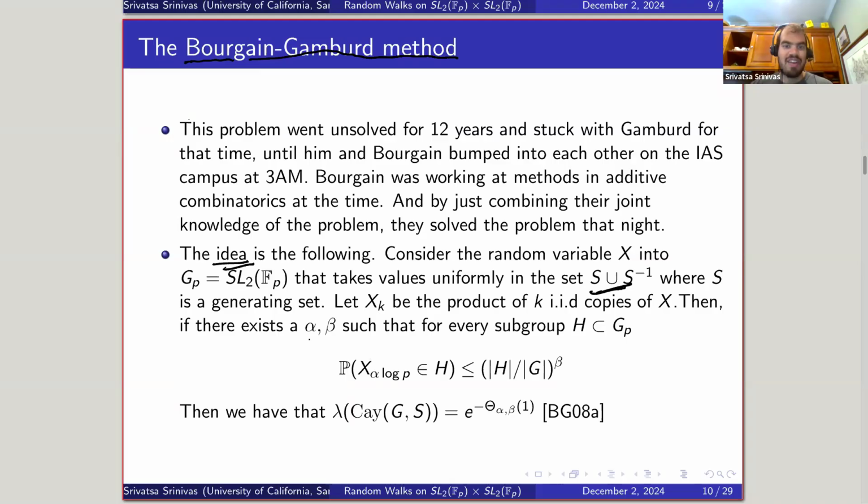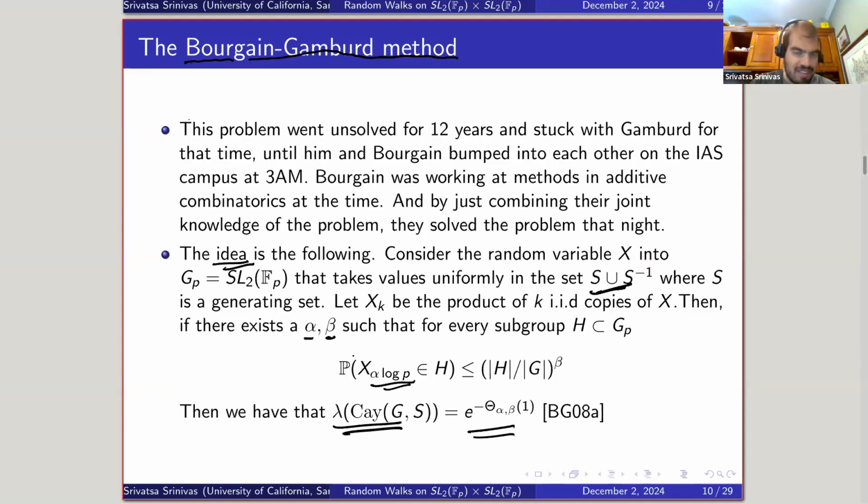Then, if there exists an alpha, beta such that if I let the random walk run for log p many steps, the probability of belonging to a subgroup is exponentially small in the index of that subgroup, then we must have that the Cayley graph is an expander. Okay, so this is basically the basic idea behind the Bourgain-Gamburd method.